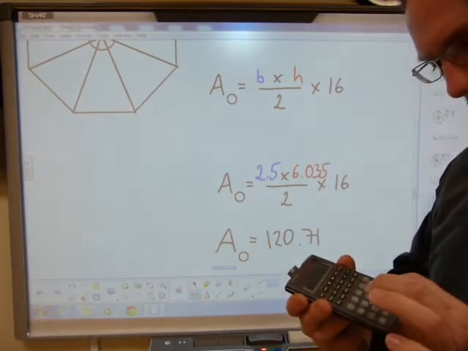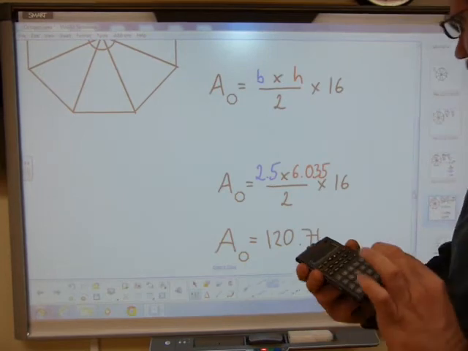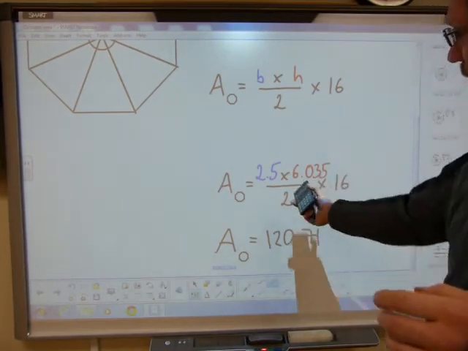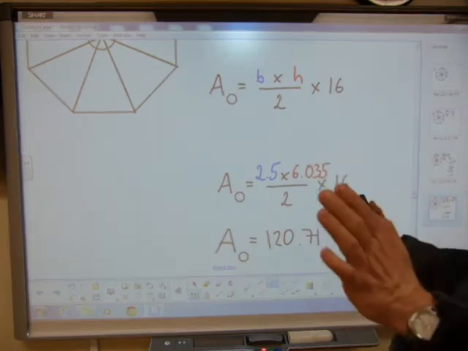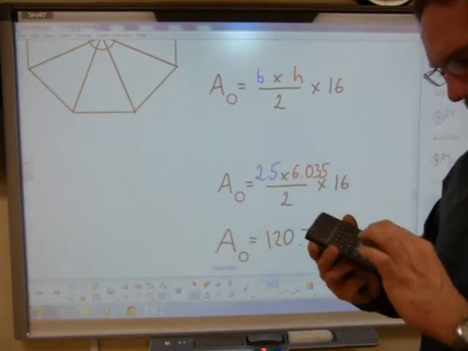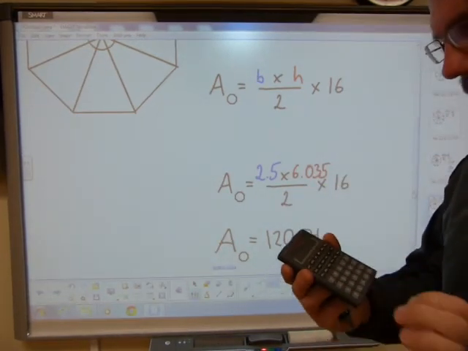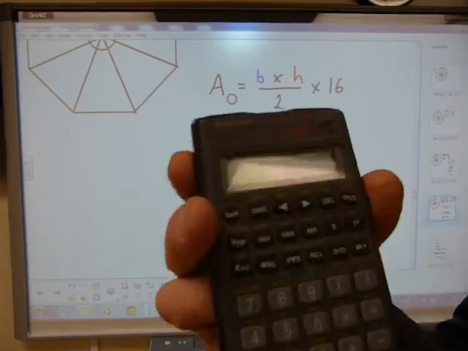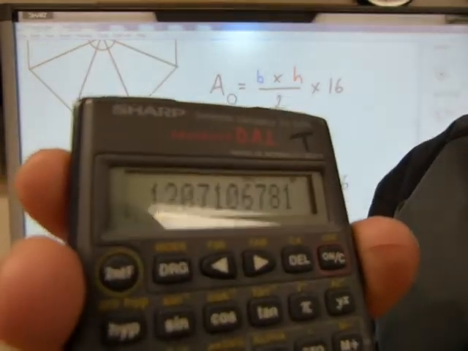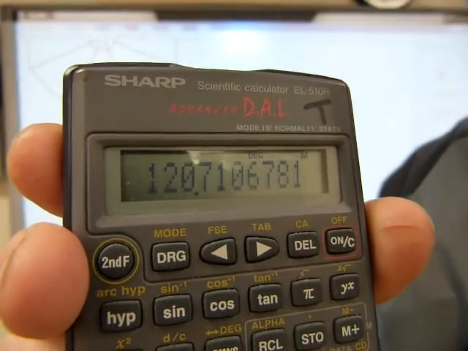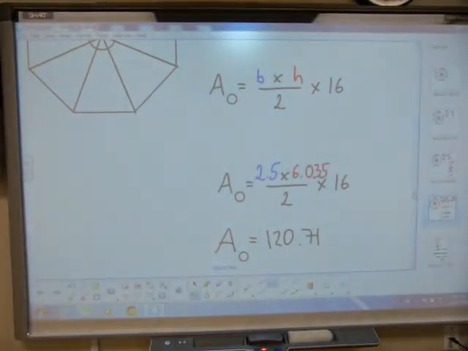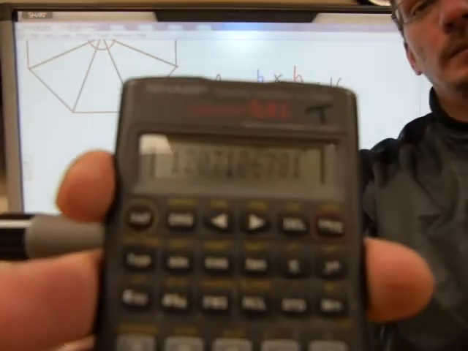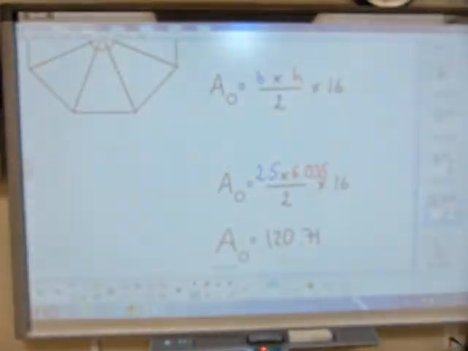So it's times 2.5 equals a number, divided by 2 equals another number, don't worry about it, times it by 16, and that's when you get the area of the full octagon there, 120.71. Well, I already wrote that one up, but there's more digits to it, so that's why I'm just showing you the rest of the digits.